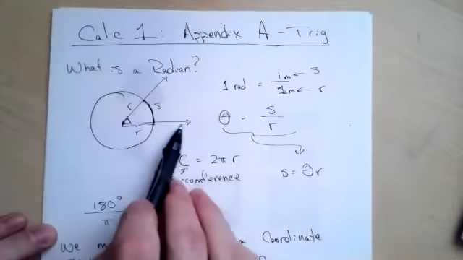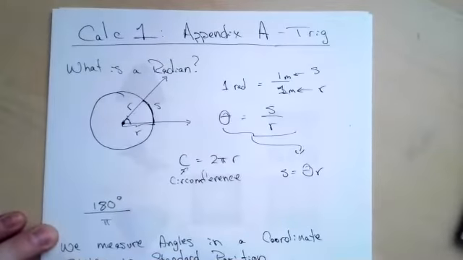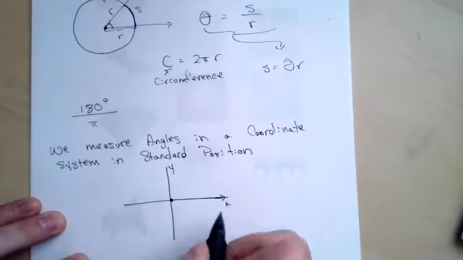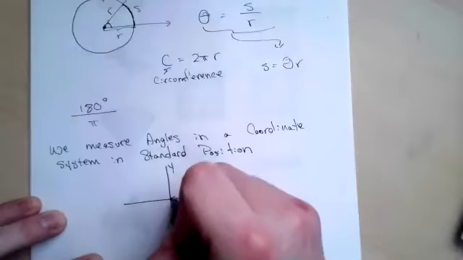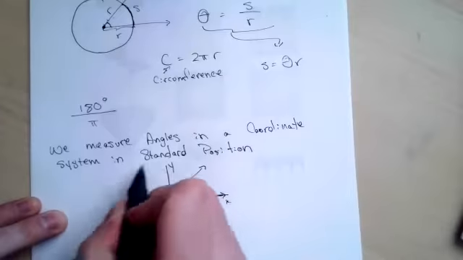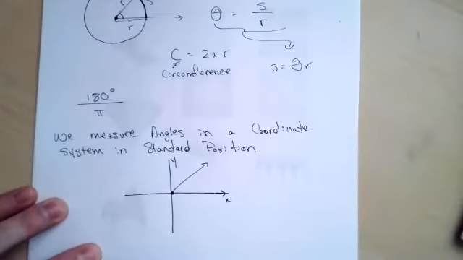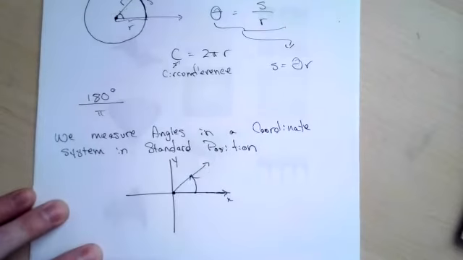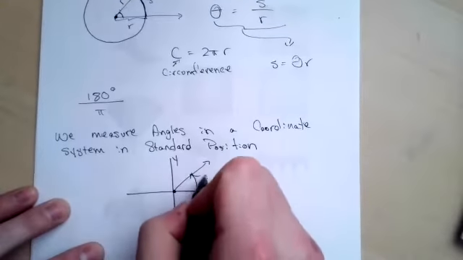So since we need two rays to measure an angle, we typically assume that the initial ray is going to be on the x-axis, and then the terminal ray somewhere in the Cartesian plane, and we measure positive angles counterclockwise going from the positive x-axis.